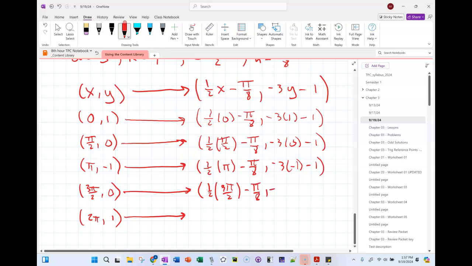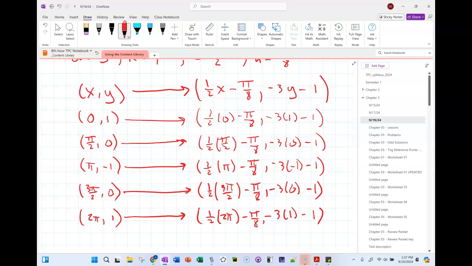And plugging this stuff in. Is that okay so far? All I did was plug those x's and y's into the little formula that I wrote, right? No big deal. So now all I'm going to do is simplify things.